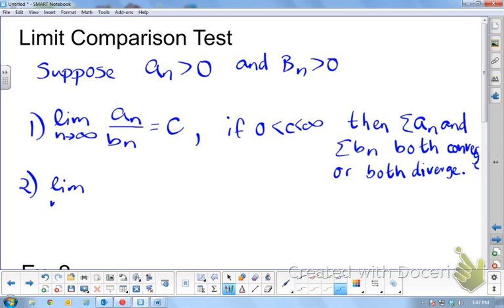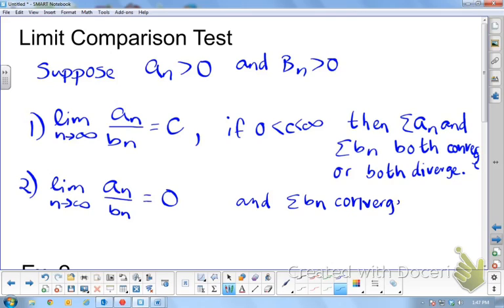What if we equal 0? Well, if the limit equals 0 and b sub n converges, then a sub n converges.